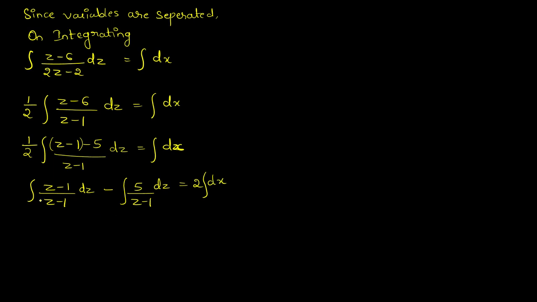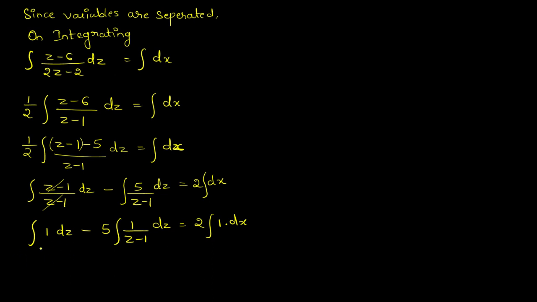Now these both are the same, so I'll just cancel them. So we'll be having integration of 1 dz minus 5, which is a constant, take it out, so it is integration of 1 divided by (z minus 1) dz, and this is equal to 2 integral of, since there is nothing, I can say it is 1 dx. So now it's in the simplified form.